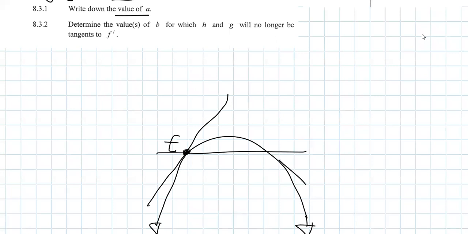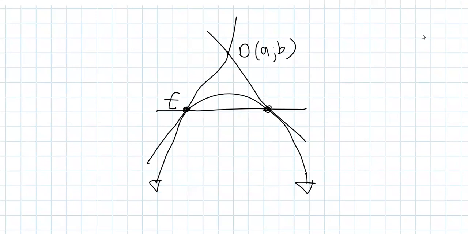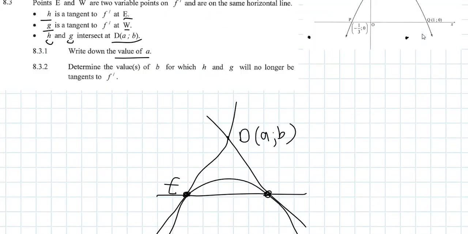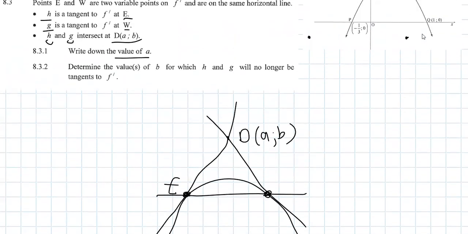And then we have another one. It has to be on the same horizontal plane, so they're going to be the same distance away. Those are straight lines, believe it or not, and they meet at D, A and B. Well, this is what I kind of visualized in my head. The same horizontal plane, and so that means the tangents have to meet at D, A and B. And H was for E and G for W.